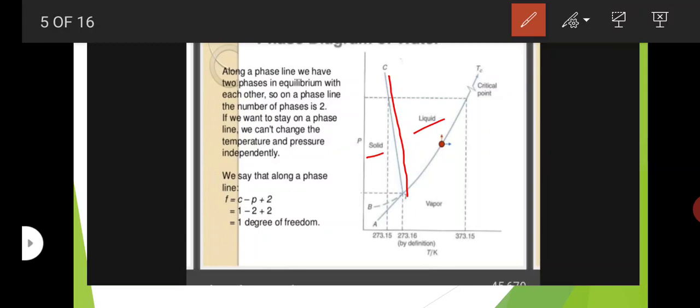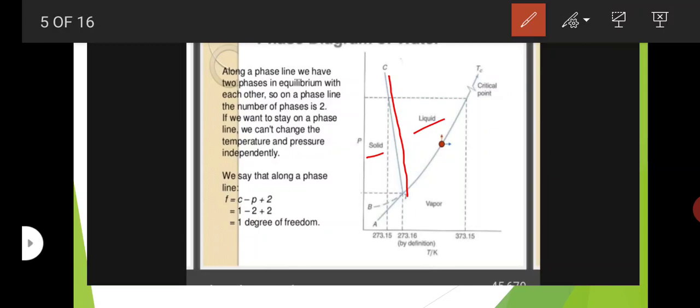We say that along a phase line, F is equal to C minus P plus 2. Here C value is always 1 in the water system, because only one component, that is H2O, is present in the water system. Number of phases will change.